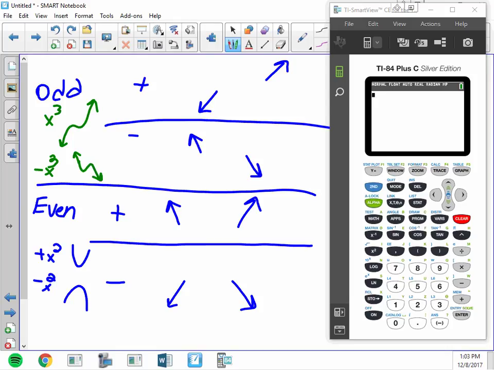Does that make sense? So you shouldn't have to think too hard about where to start and where to end. If it's even, it's either up, up, or down, down. The up, up would be positive, and the down, down would be negative. If it's an x to the third, you're going to have a down and an up if it's positive, and then an up and a down if it's negative. Can you remember that?